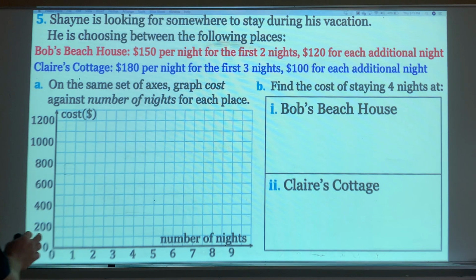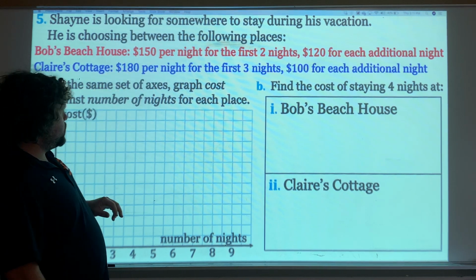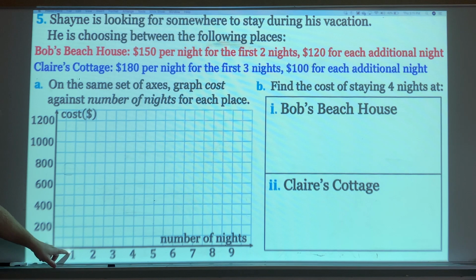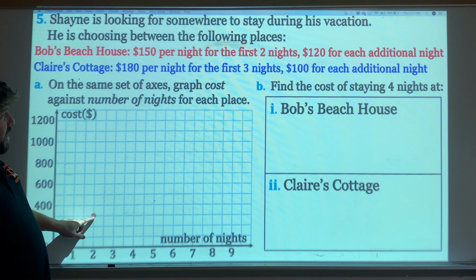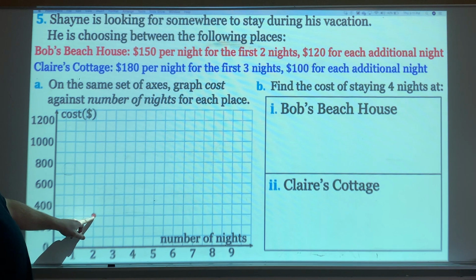All right, so let's look on the first set of axes. What we're going to do is graph Bob's Beach House first. So $150 per night for the first 2 nights. So first night, $150. Second night, $150 and $150 is $300. Now you're going to add $120 to each one of those.